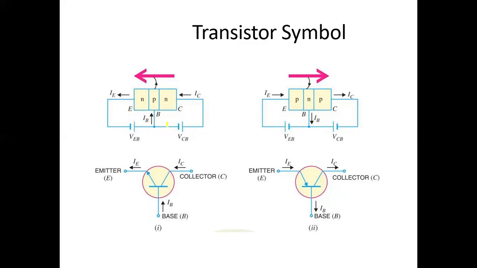Here the p-type is connected to negative and the n-type to positive, so the second junction, the base-collector junction, is always reverse biased. That also applies to the PNP transistor. This voltage is the forward bias, and this is the reverse bias direction, and that's why we get the current IE = IB + IC.